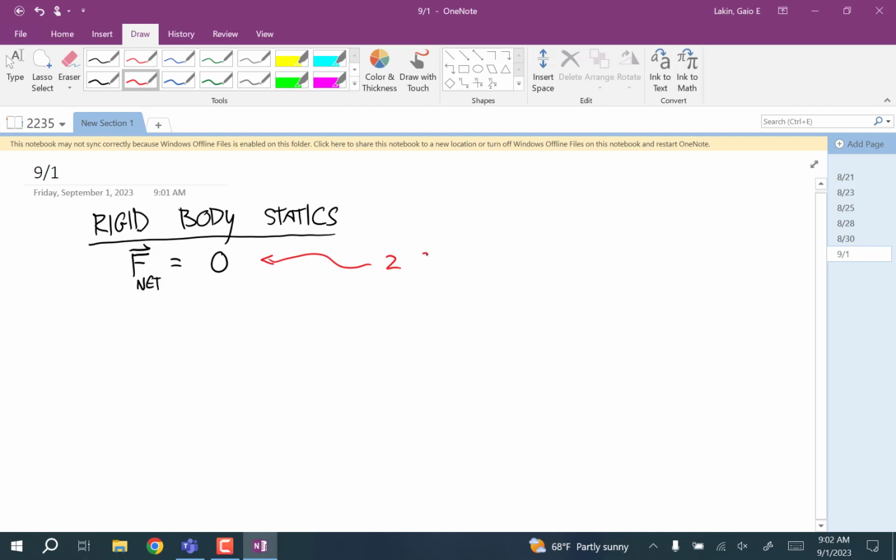This gives two equations in 2D and 3 in 3D. And then we have M_A net, in general, that's a vector, is equal to 0.